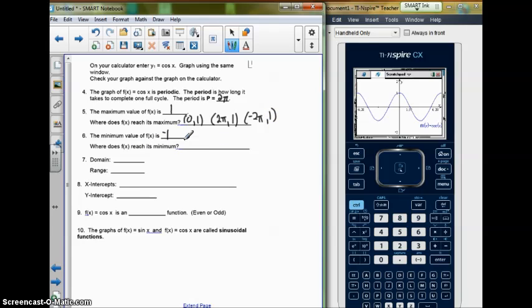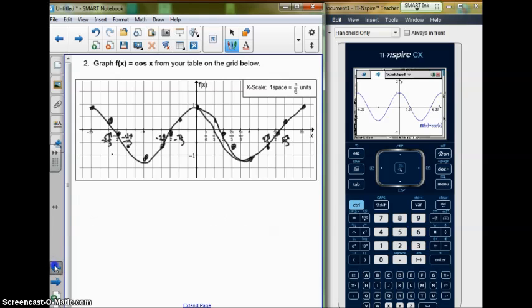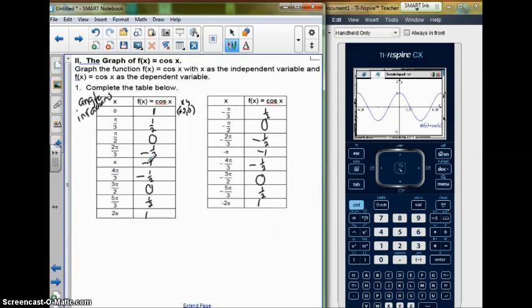It reaches its minimum at pi and negative pi. Double check that. Negative 1 at pi, negative 1 at negative pi.